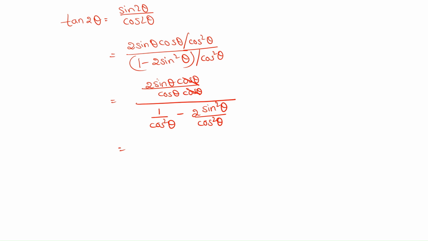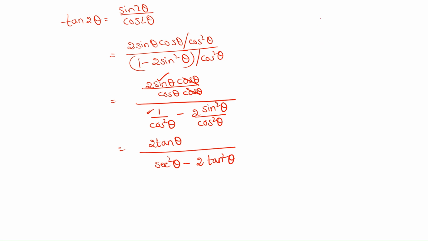Now here sin theta by cos theta is tan theta, so we'll write 2 tan theta. We know that 1 by cos theta is nothing but sec theta, so this particular term can be written as sec square theta minus, sin by cos is tan, so this becomes 2 tan square theta.